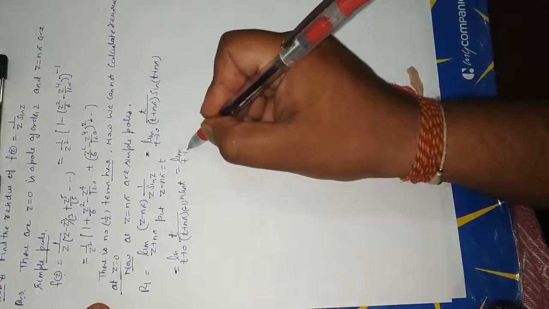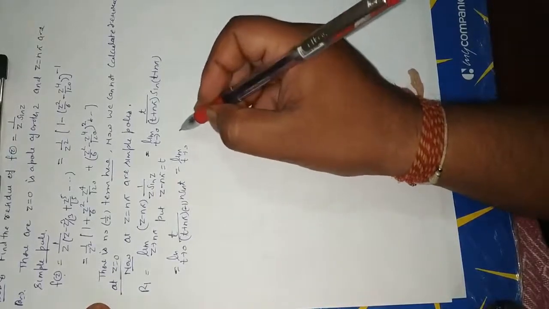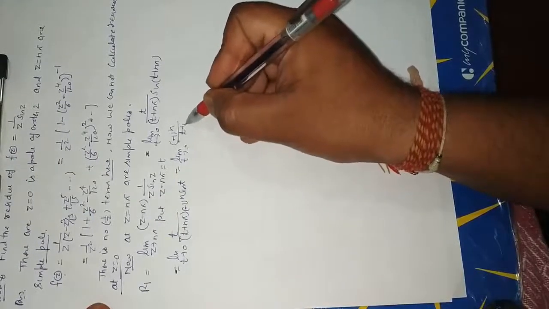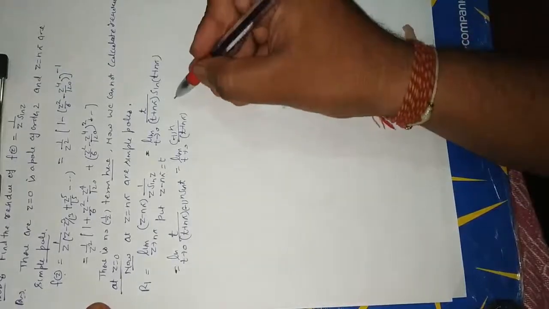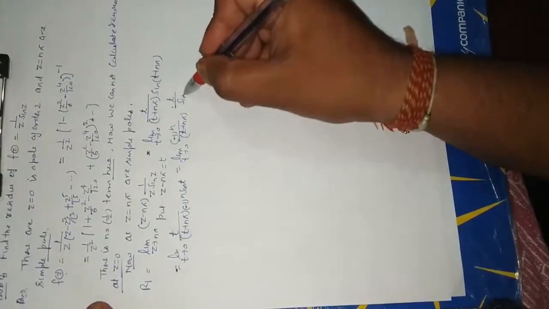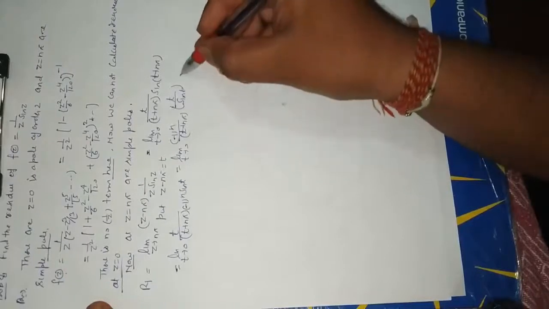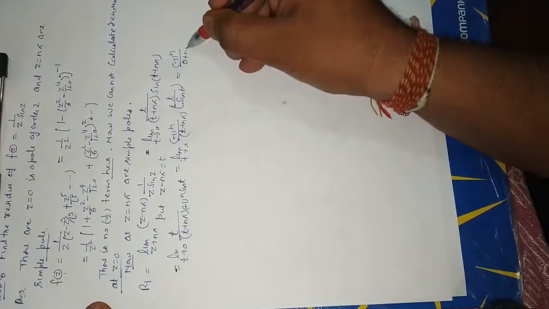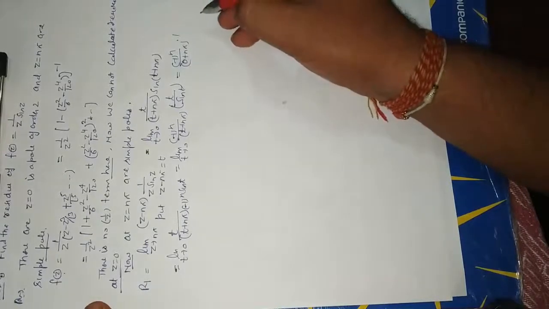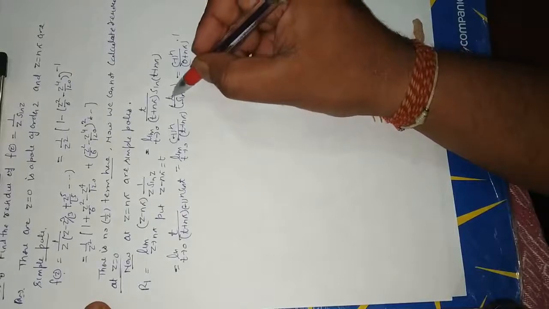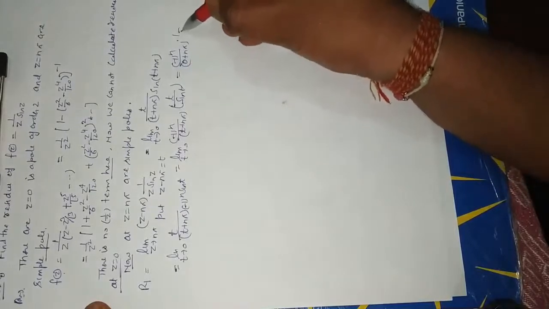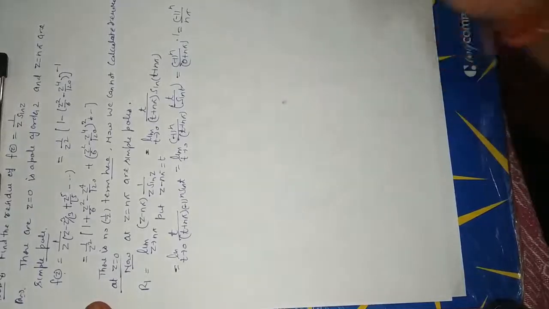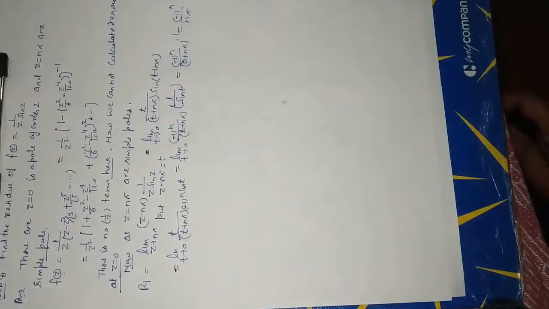Now limit t tending to 0, minus 1 to the power n upon t plus n pi, into t upon sin t. Now limit t tending to 0, minus 1 to the power n upon 0 plus n pi, into 1. At t tending to 0, the value of t upon sin t is equal to 1. Now residue is minus 1 to the power n upon n pi at z is equal to n pi. Okay.